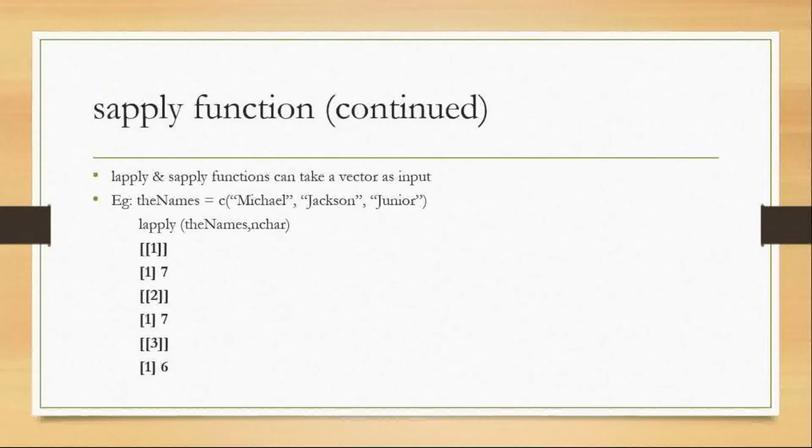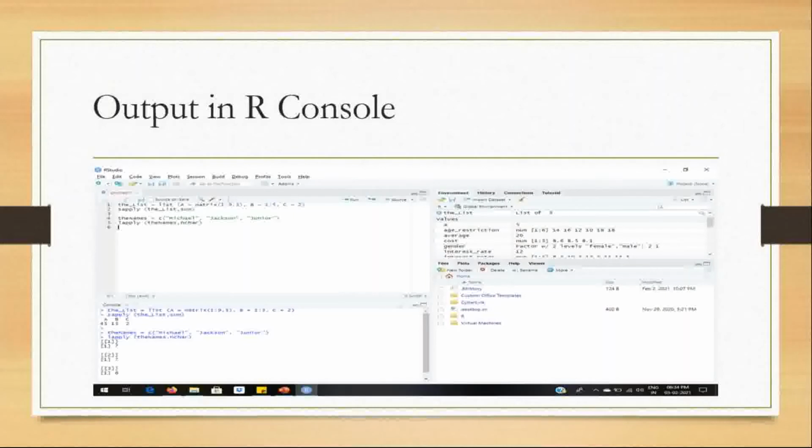In the example shown on the screen, we are applying the nchar function to a set of strings. As discussed yesterday, the function nchar returns the length of a string. So the lengths of Michael, Jackson, and Junior are 7, 7, and 6 respectively. Let's try executing them in RStudio.